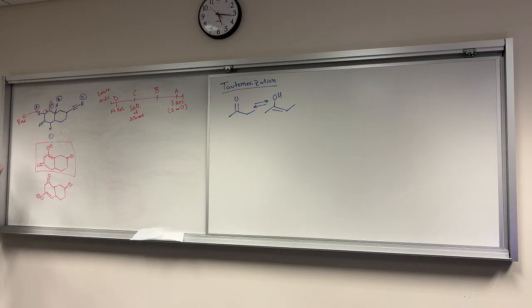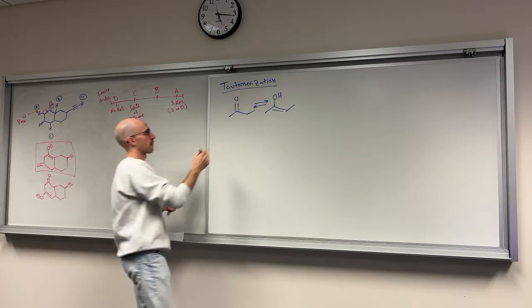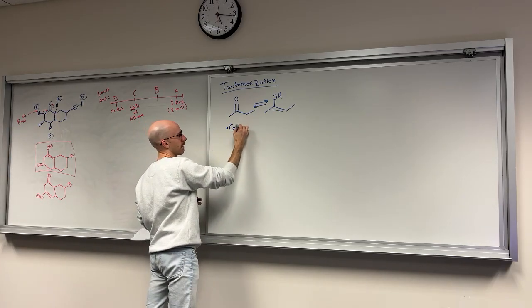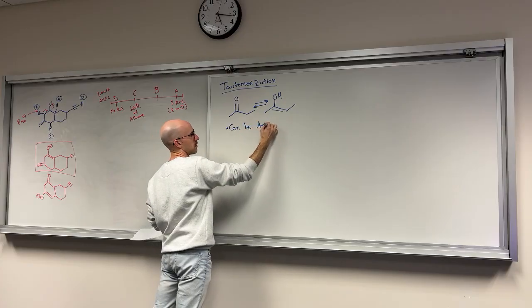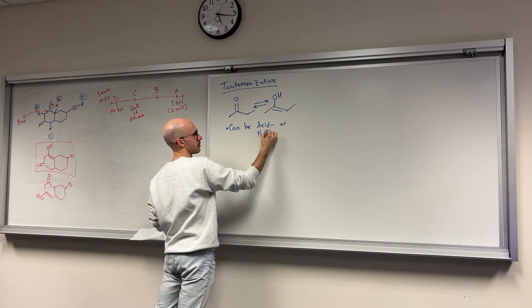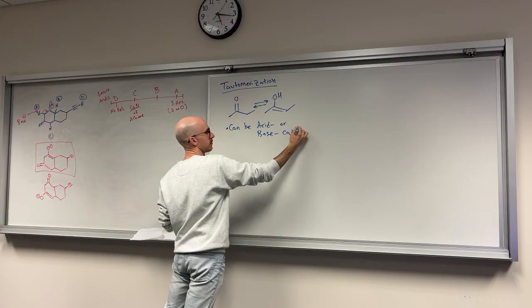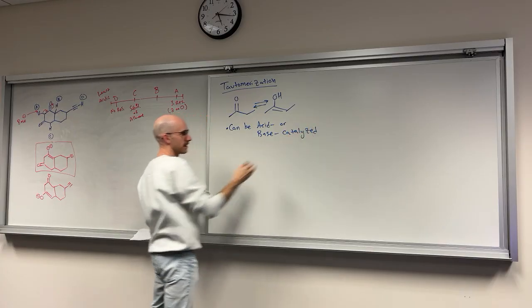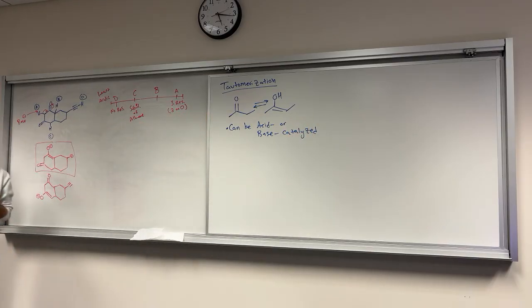Here, there's an entire hydrogen that's being moved. This can be acid or base catalyzed. There's a couple of reactions that we'll see in acid catalyzed conditions, but there's a lot of reactions we'll be using in base catalyzed conditions.